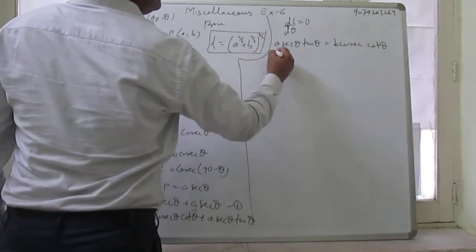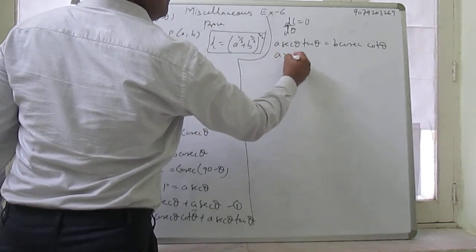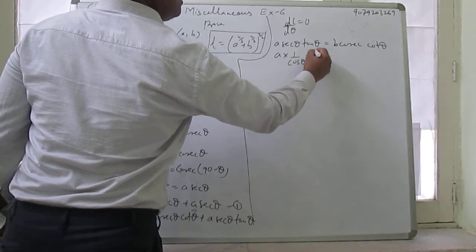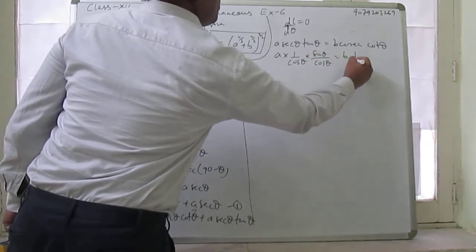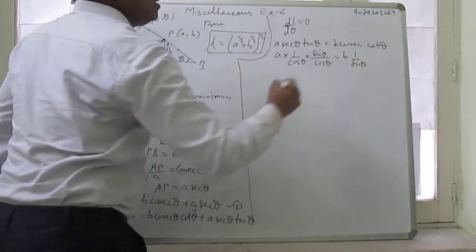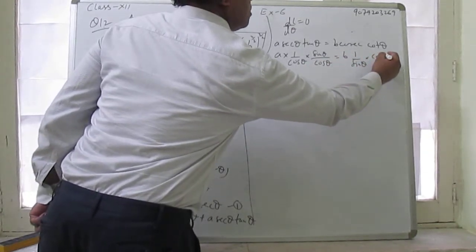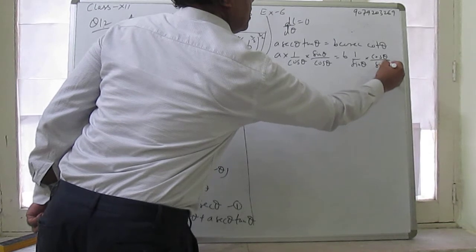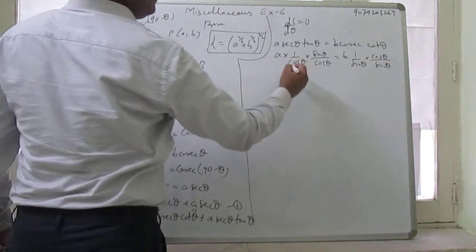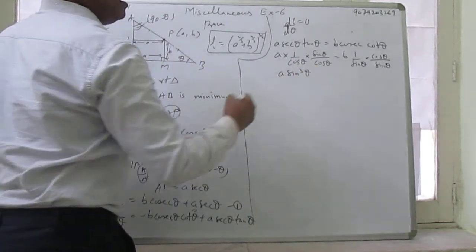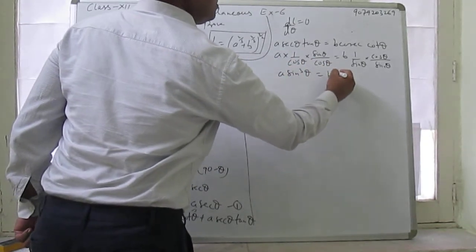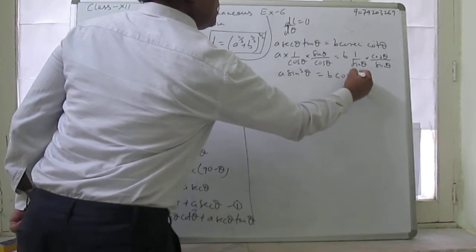Now change into sin or cos. A times 1 upon cos theta times sin theta upon cos theta is equal to B times 1 upon sin theta times cos theta upon sin theta. Cross multiply, you will get A sin cube theta is equal to B cos cube theta.